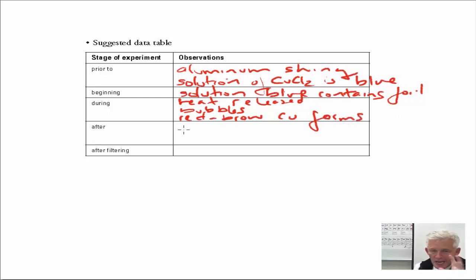If you keep adding enough aluminum, you will eventually get a solution that is colorless, even though it still contains aluminum chloride. And after filtering, just give the color of the copper in the filter paper.